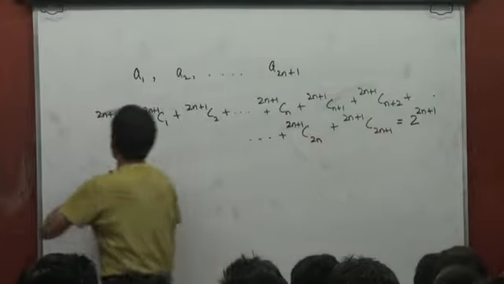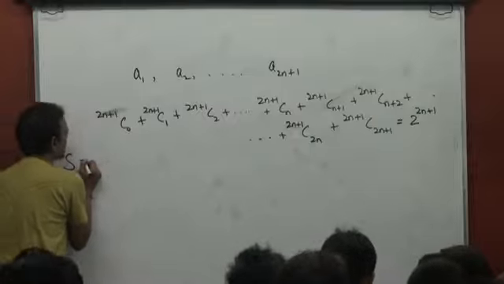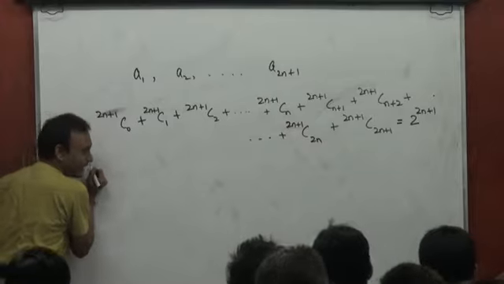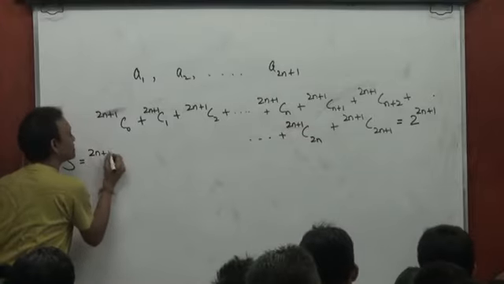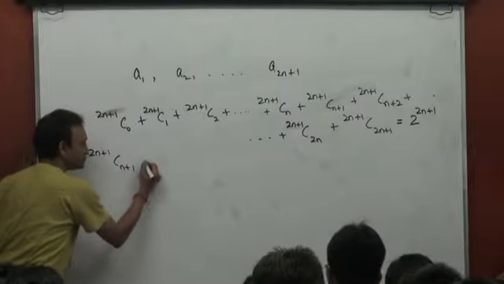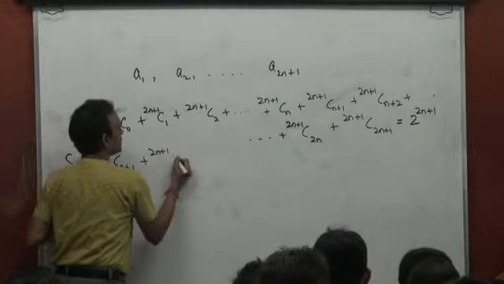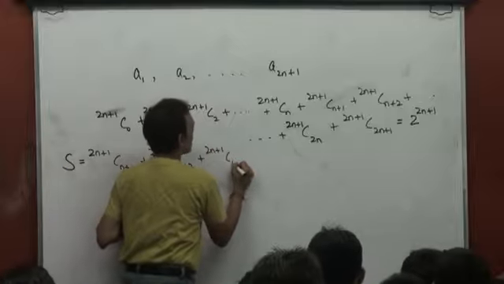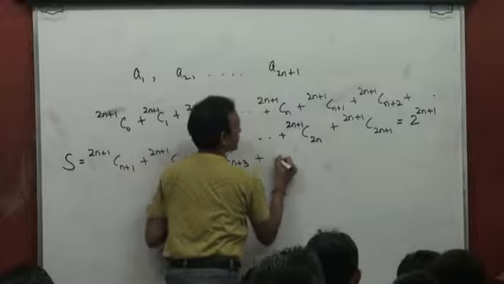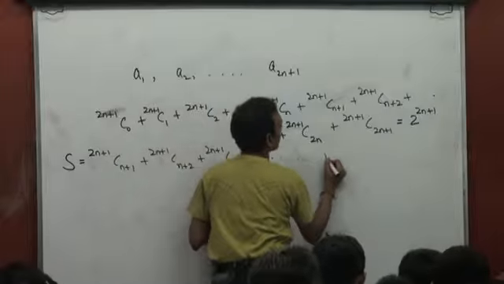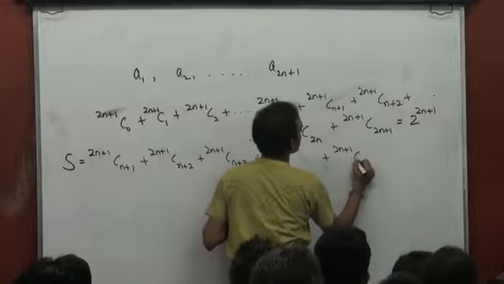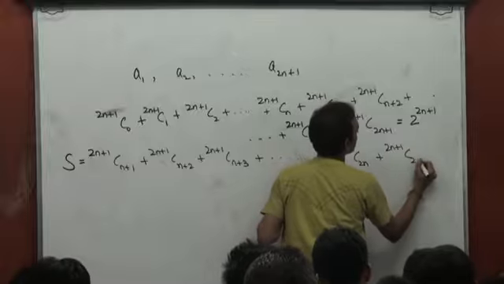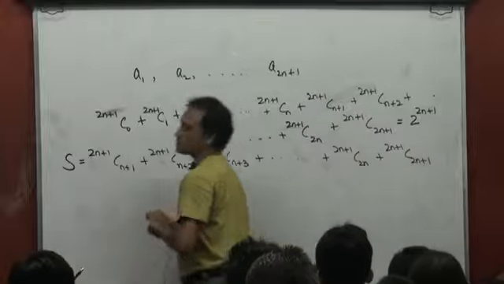So, the sum that we are seeking, number of subsets of size more than n, is 2n plus 1, C n plus 1, 2n plus 1, C n plus 2, 2n plus 1, C n plus 3, up to 2n plus 1, C 2n, 2n plus 1, C 2n plus 1. That's the summation that we are seeking.